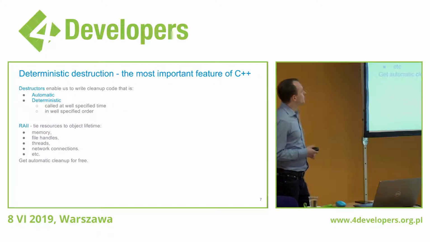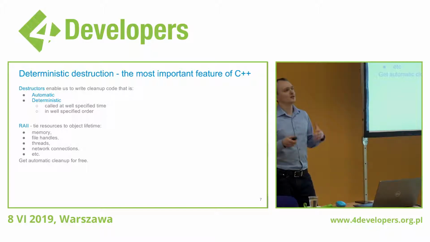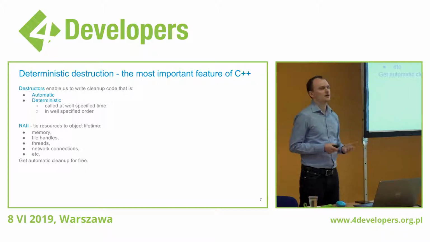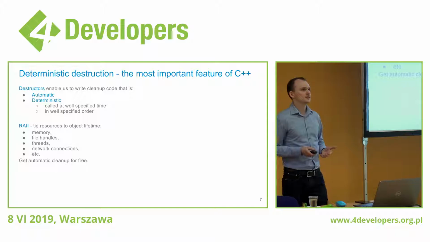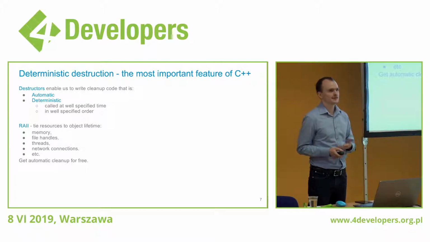So fortunately, we have deterministic destruction in C++. That means that all the destructors are called automatically by the compiler, regardless of whether the function exits with a success or through an exception.